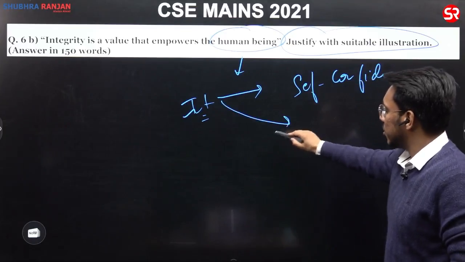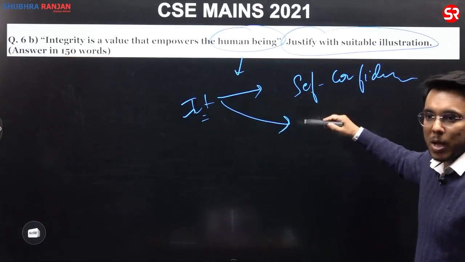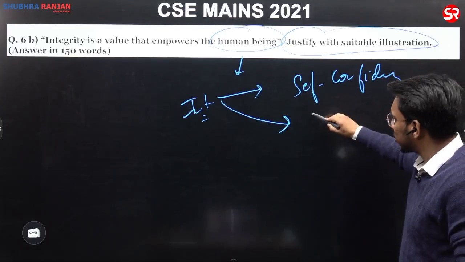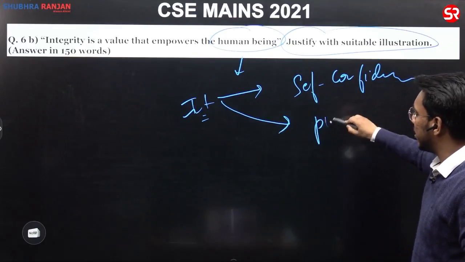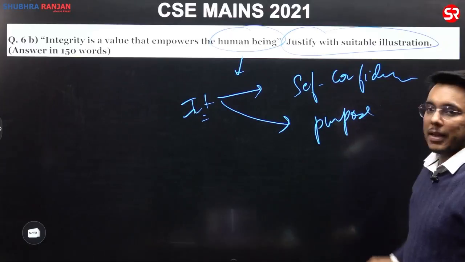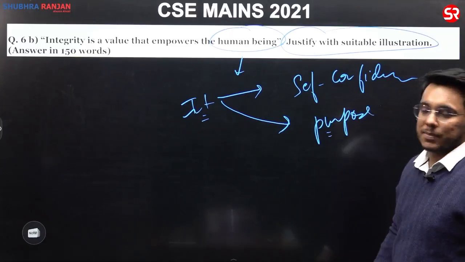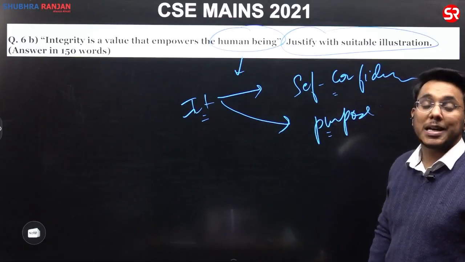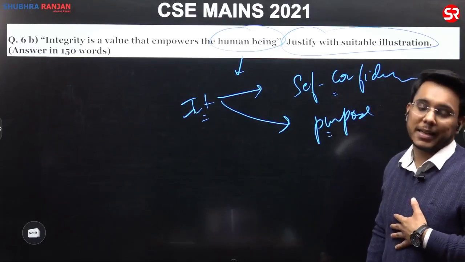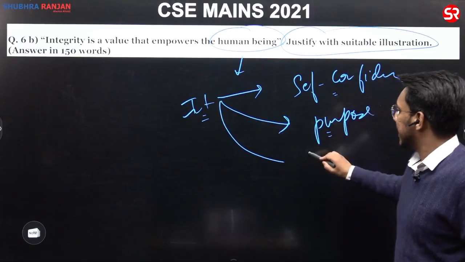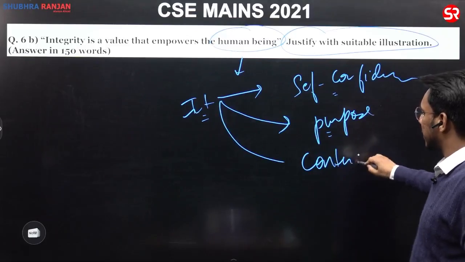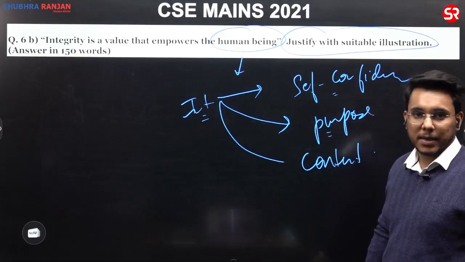Integrity gives you a sense of empowerment. How? Because integrity gives you strong moral uprightness and a sense of purpose. It gives you self-confidence that you have never done anything wrong. Integrity gives you contentment. Clear?